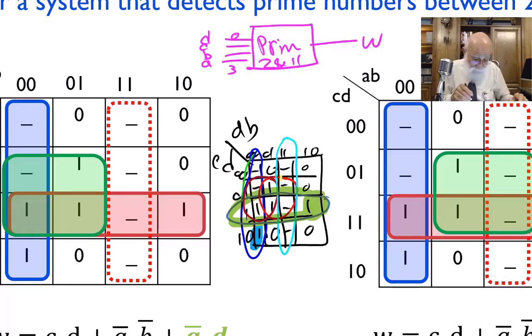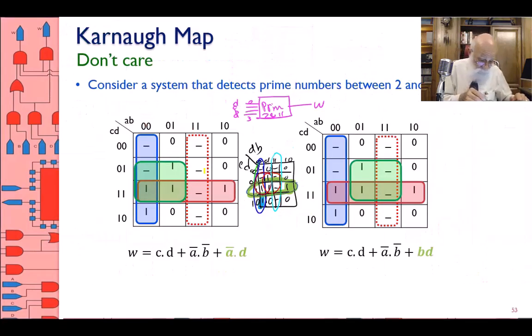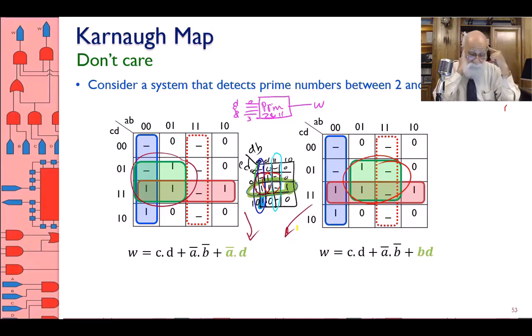Okay? And there, none of them are essential. So I choose one of them. I can choose either this one, or I can choose this one. Both solutions are good.